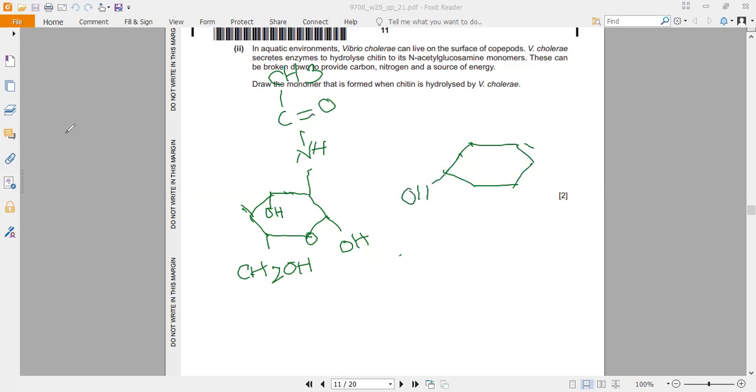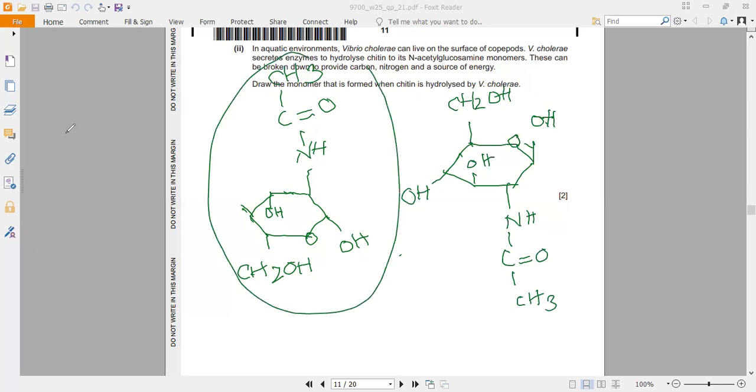Again, it will have an OH instead of only an oxygen. They will be the same image, and their direction will be opposite to each other. So this is one monomer and this is the other monomer. They were joined together with a glycosidic bond in that figure.